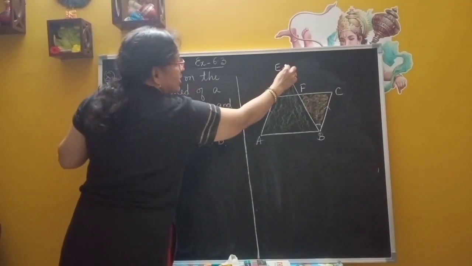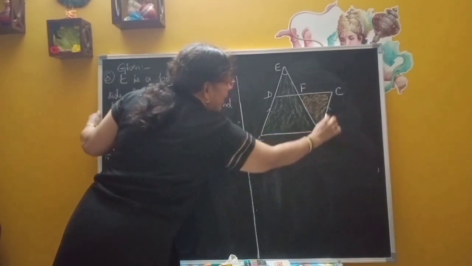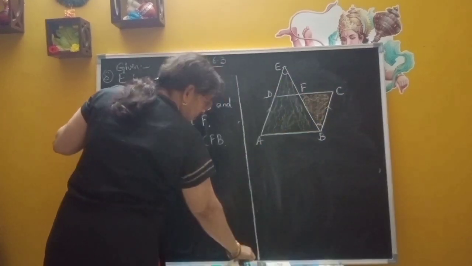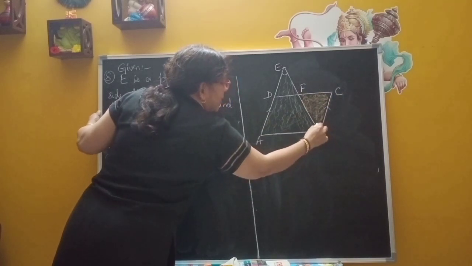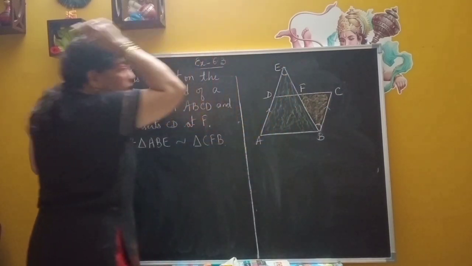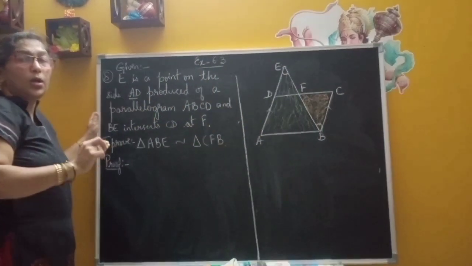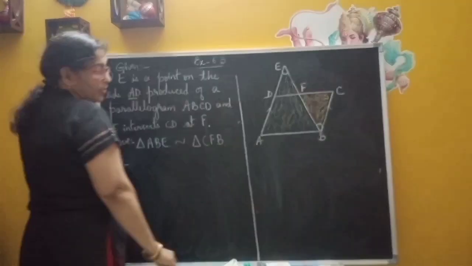These two form a Z shape, you remember, don't you? If it comes like this, see, this is a Z shape. So these are alternate interior angles, and they are always equal. So we got one pair of angles.